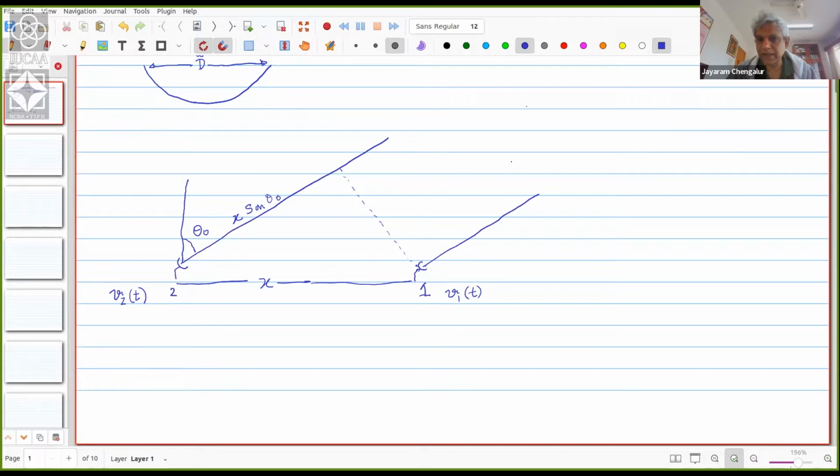The delay it suffers, which we call the geometric delay, will be this distance divided by c, and this distance is of course x cos theta 0.